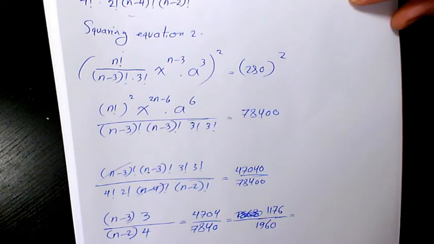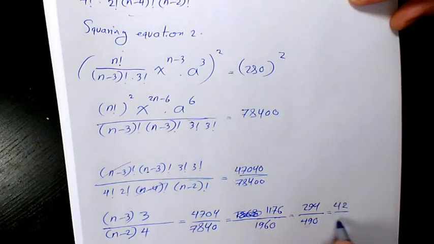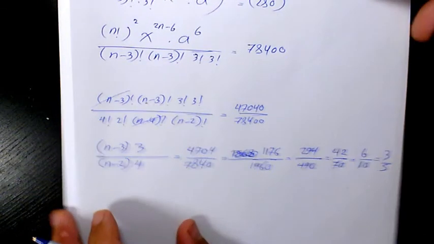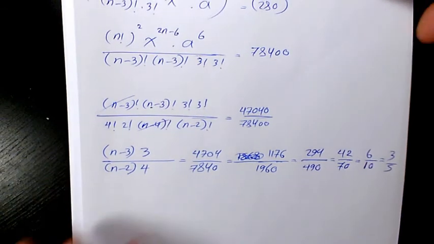If we can, one more time, that's going to be 490 over 294. 42 divided by 7, 70. One more time, 6 over 10, and 3 over 5 when you reduce it. So you have 3 over 5.